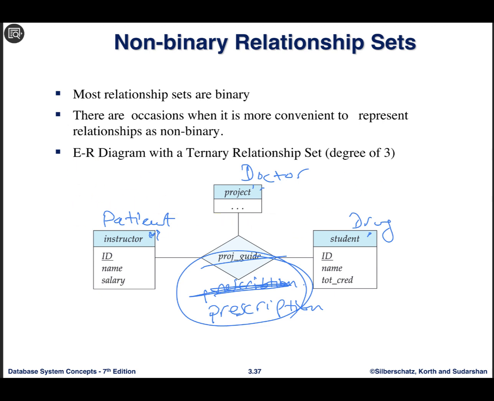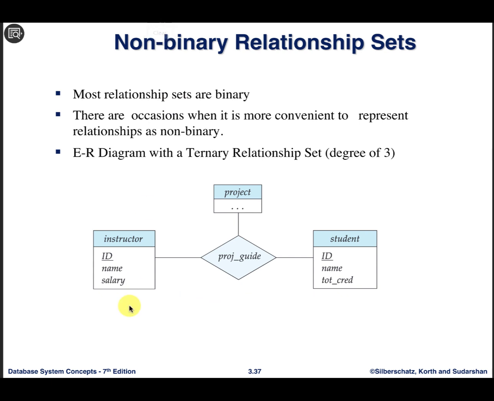Or, as we show in this example, assume that we have an entity set project, an entity set instructor, and an entity set student. Assume the entity set project represents all the research projects carried out in the university, and you have a list of all the students and a list of the instructors. For every single project, I need to find which instructor advises which student.